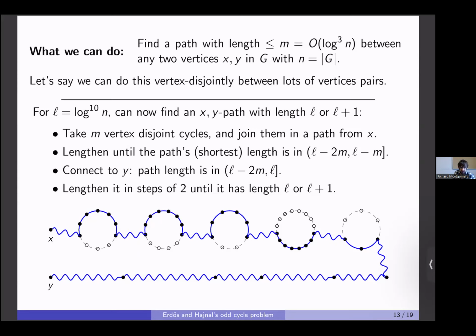The point is it works for a far broader range of paths than I have L here. So once we find this adjustment, we can really keep extending this shortest path to be really very long before connecting it to y.